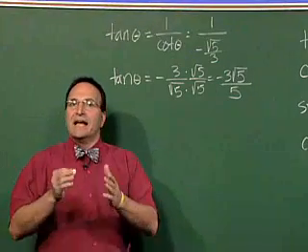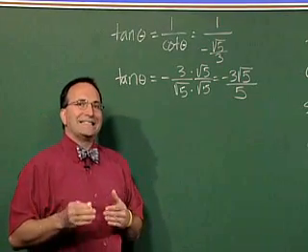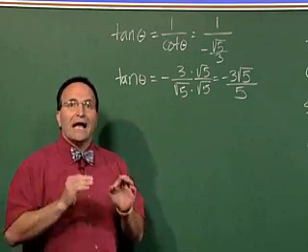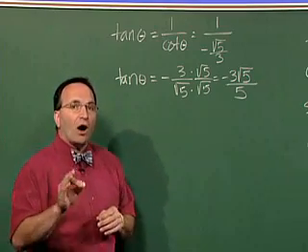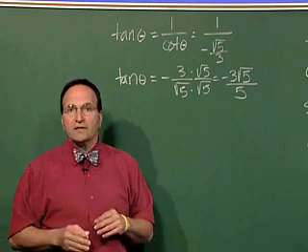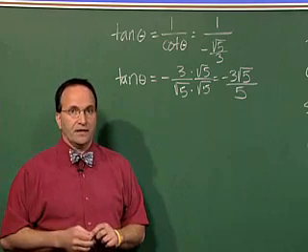All right. In the definition of the trigonometric functions, remember that r is the distance from the origin to the point x comma y. So r is a positive value. Now, if the point x y lies in quadrant 1, then of course x and y are both positive values as well.